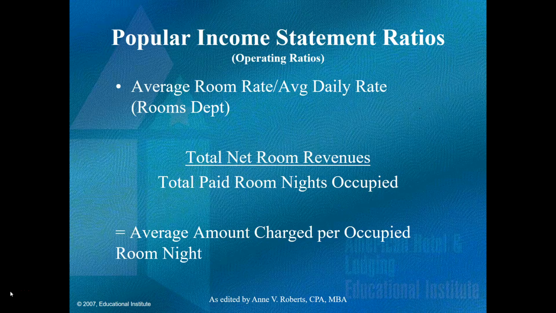The issue is though, we're looking for room nights. So if we've got 5 rooms and they were occupied 20 nights each, we've got 100 room nights that are occupied. So make sure you understand this, the denominator in this one is not the number of physical room spaces, it is the number of room nights that room was actually rented out.